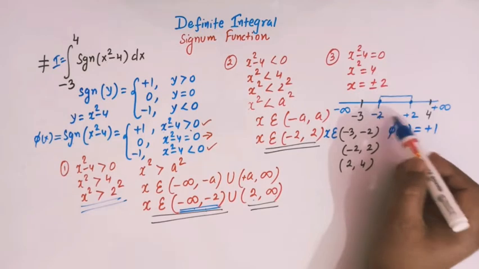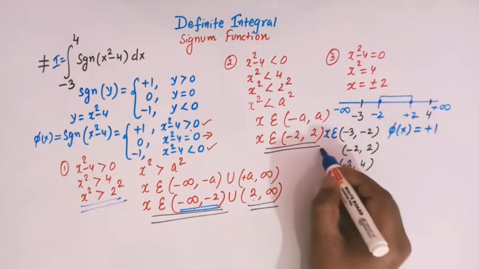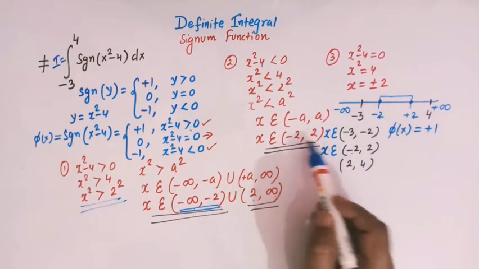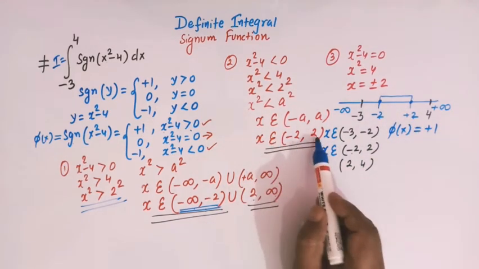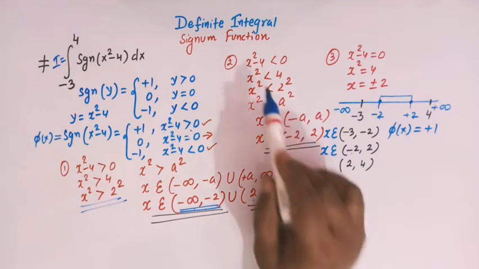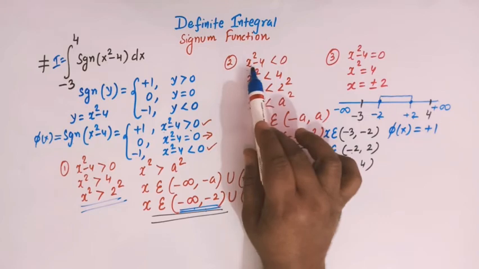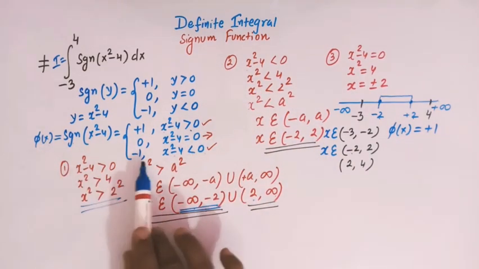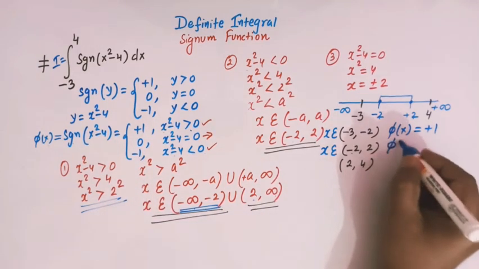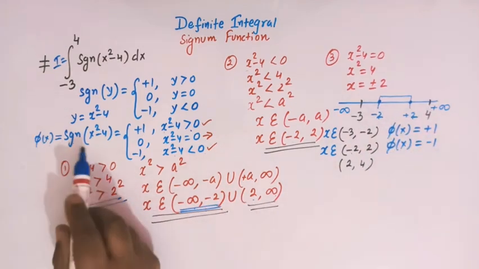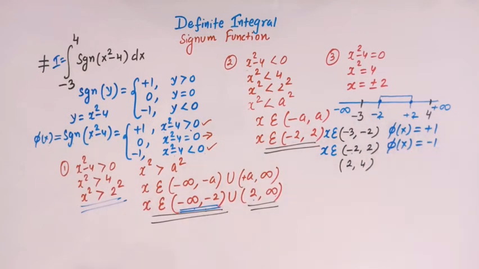Now let us take the interval -2 to 2. When x belongs to -2 to 2, this interval has come from solving the inequality x² - 4 < 0, so phi of x will take the value -1. So here phi of x = -1, that is signum of x² - 4 is -1.